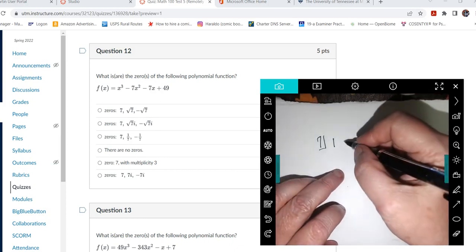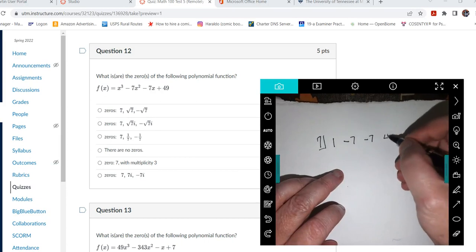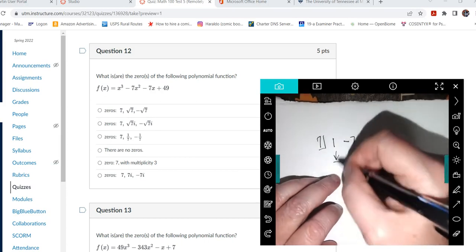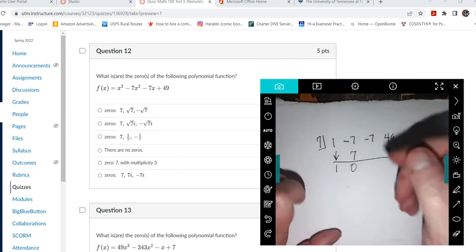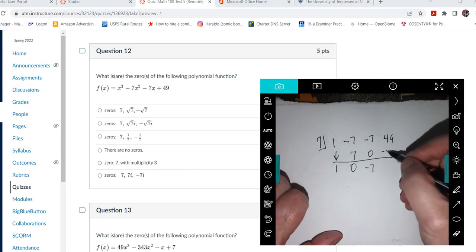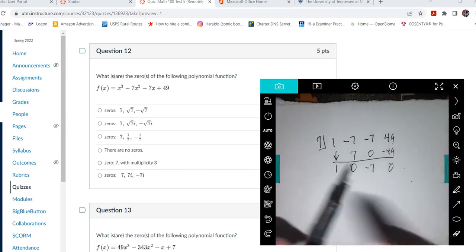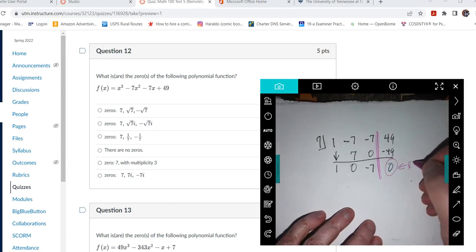Okay, and I'll have 1, minus 7, minus 7, and 49. 1 times 7 is 7, then we add. 0 times 7 is 0, and then we add. And negative 7 times 7 is negative 49, and then we add. Okay, now, my remainder is 0.